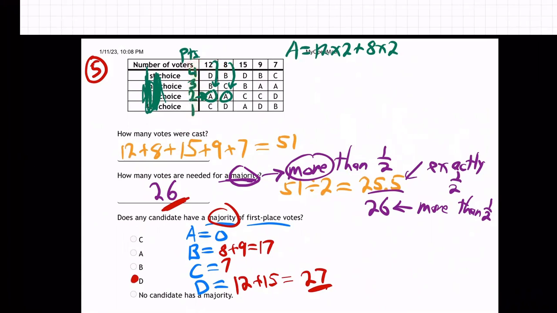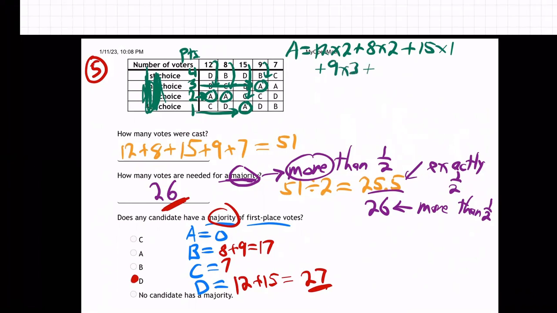Now, how about these 15 people? They put A last. These 15 people just gave A 1 point each, plus here's A. These 9 people gave A 3 points each, 9 times 3.